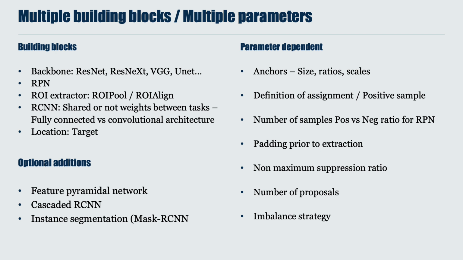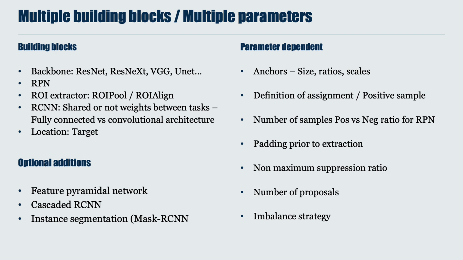So there is the definition of the anchors in terms of the size, the ratio, and the scales that you use; the definition of what you assign, and the thresholds that you use for the IOU, for instance, in deciding what is a positive sample; and the number of samples and the positive versus negative ratio, in particular at the RPN level, when you are trying to define if an instance is indeed a positive sample as defined by its association with the ground truth.